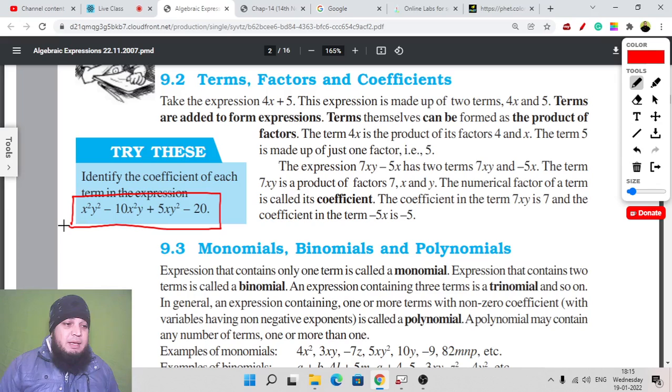My question is, how many terms does it contain? Two terms. Are you sure?